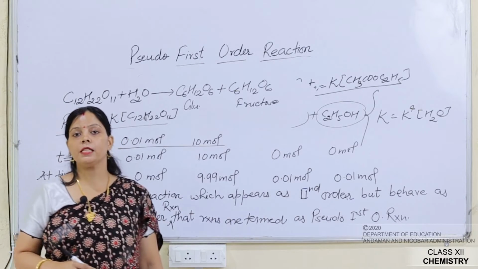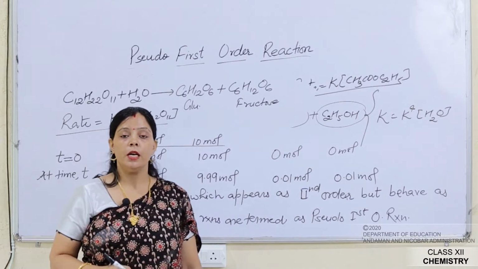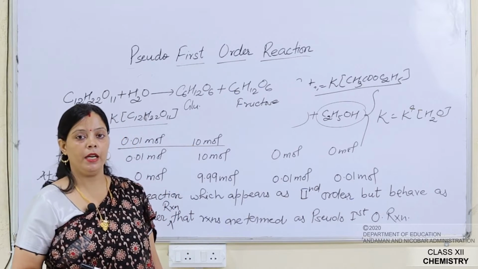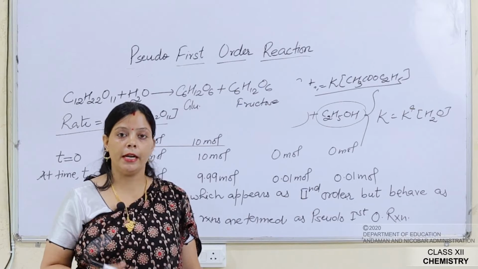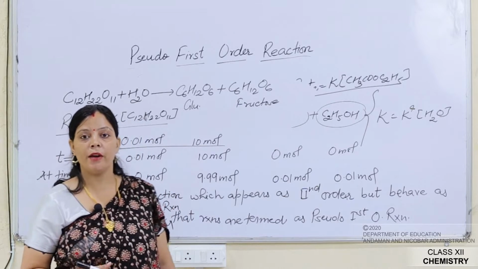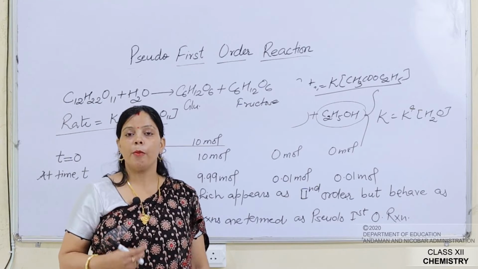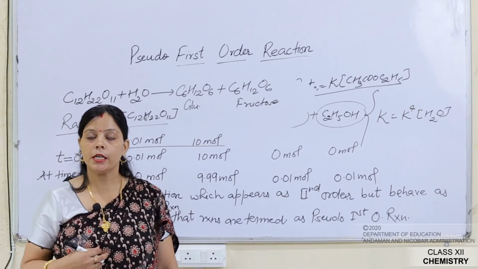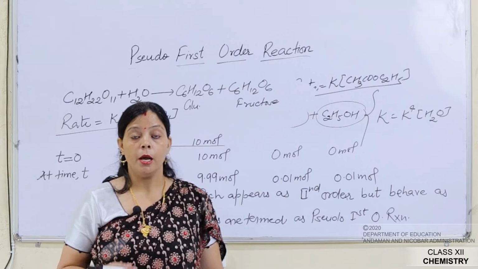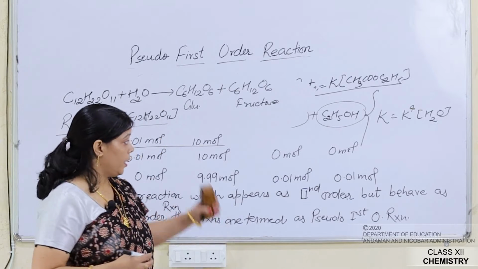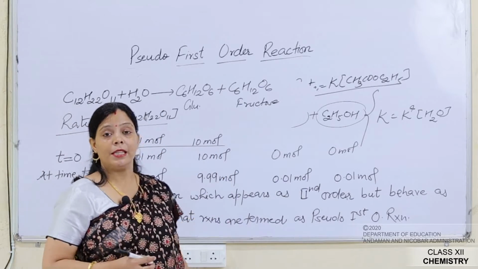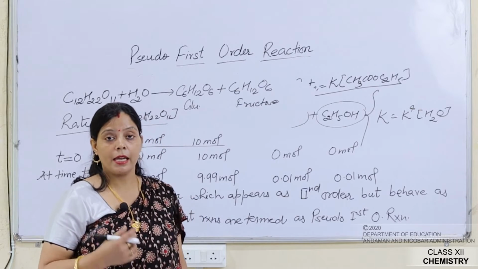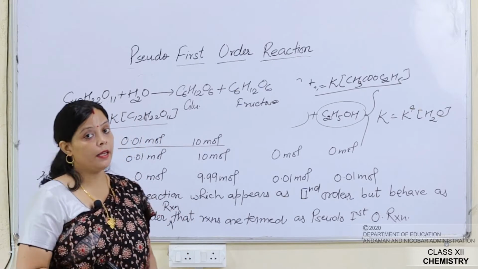In the previous class, we had briefly discussed how, with the help of the integrated rate equation, we can calculate the value of the rate constant or the time required for the completion of the reaction by knowing the initial concentration and final concentration of the reactant. But when the reaction consists of a gaseous reactant and gaseous product, how can we calculate the value of the rate constant?